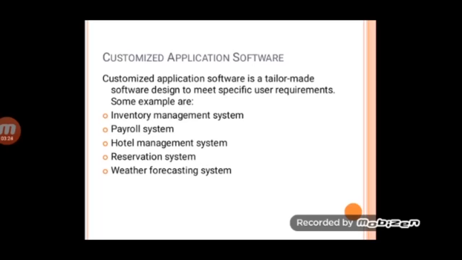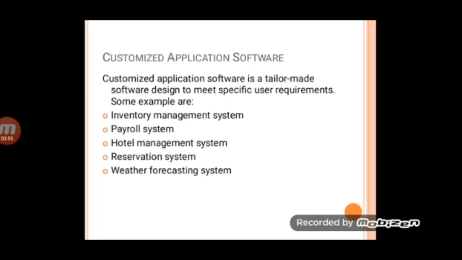The inventory management system is used to keep a record of the items. The payroll system is used to keep the record of employees' salary. The hotel management system manages hotel booking, administration, billing, etc. Reservation system allows reservation of air tickets, railway tickets or bus tickets.